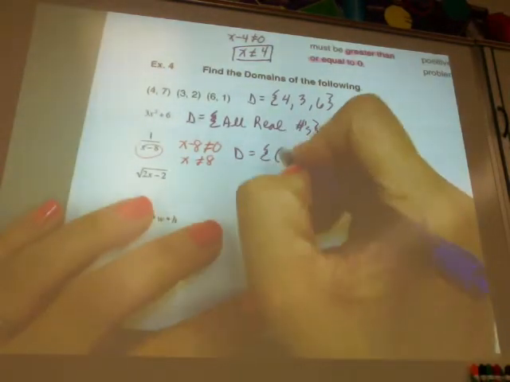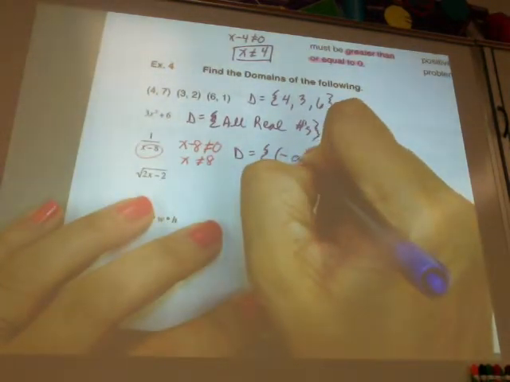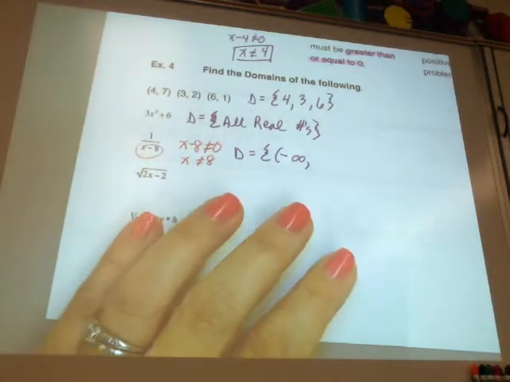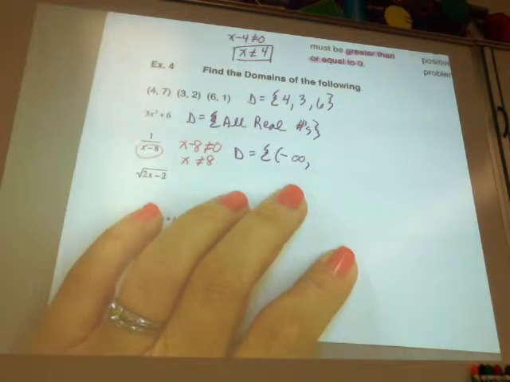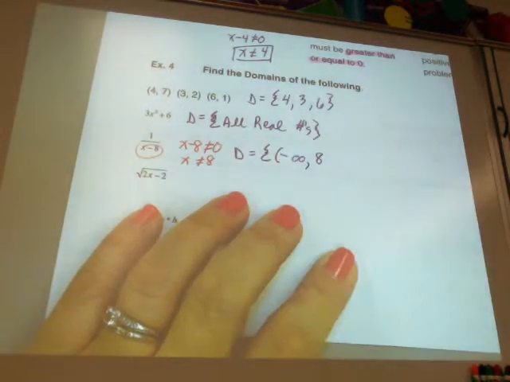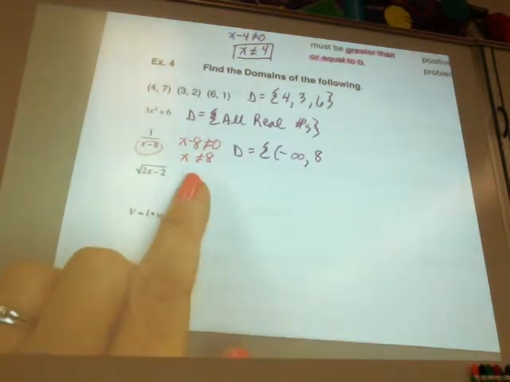All right, so let's try that again. So negative infinity to what's my boundary point? What am I going to butt up against? 8. Does my solution set include 8? Yes or no? Does not include 8, right?